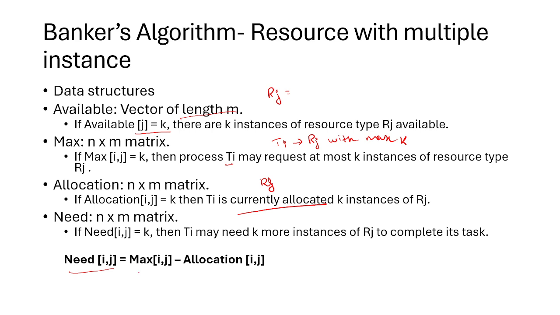The Max is the total the thread needs to complete its execution, and some of it has already been allocated. If you subtract the allocated from the max, we can find the current need, that is, how many more resources the thread needs to complete its execution.